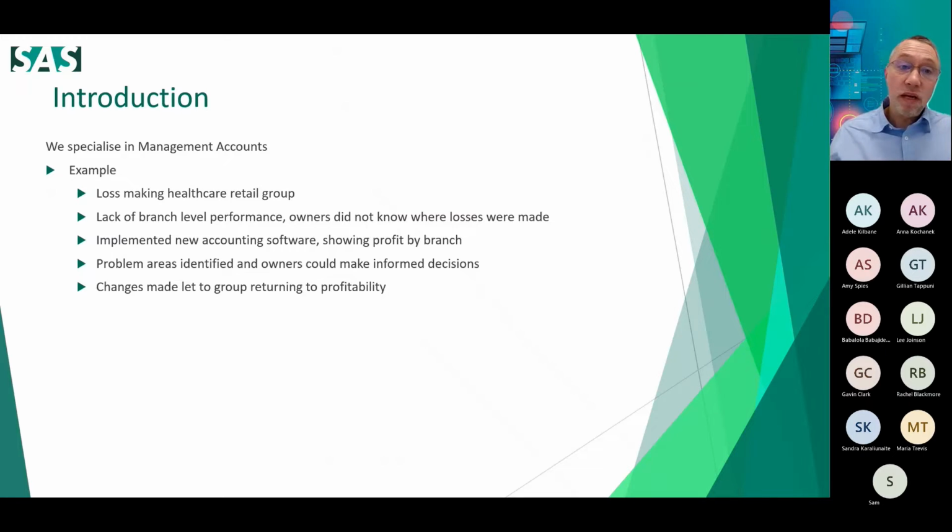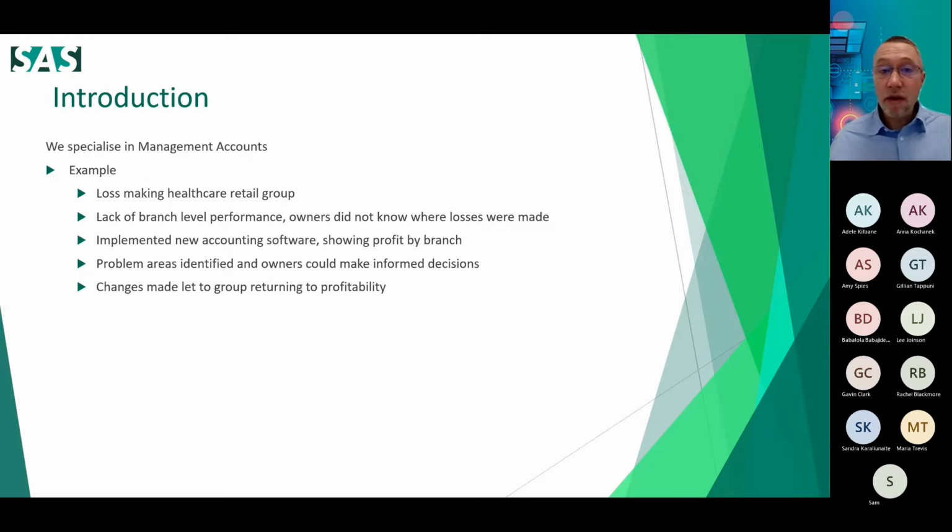And so what we did was we implemented a new accounting software. In this case, it was Xero, and we showed them the profit by branch. That really unlocked the key to changing the business around, because we were then able to show them the problem areas that the individual branches were suffering, be it low gross profit, too high staff costs, or other costs that were causing issues.